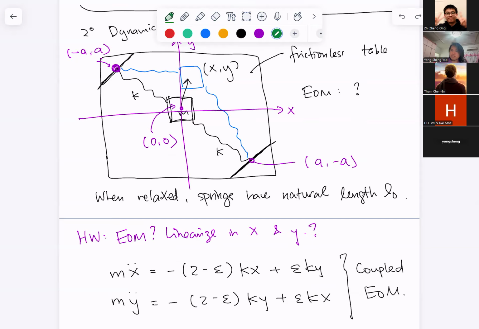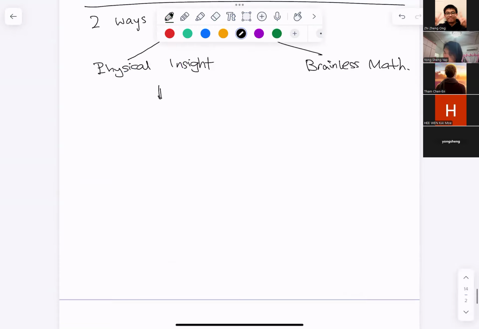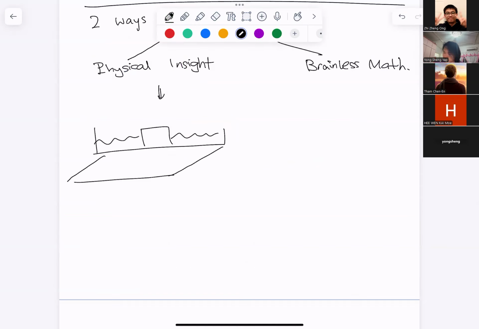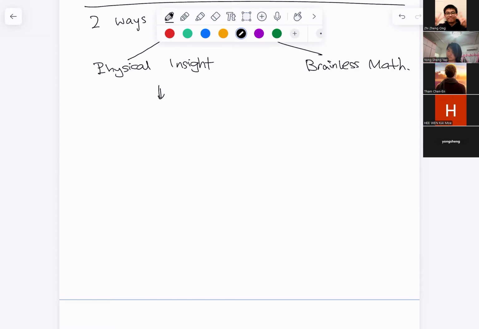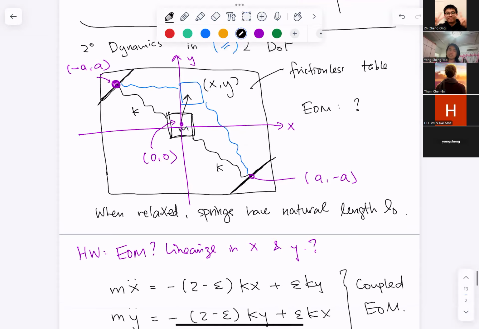Let's think about physical insights. If we think about a normal block squeezed between two walls, and there's also a y direction here, and I just displace the block in the x direction, nothing else will happen. The block will just oscillate along the x direction. And if I displace along the y direction, the block would just move along the y direction. So one of the reasons is that this is a very bad coordinate system.